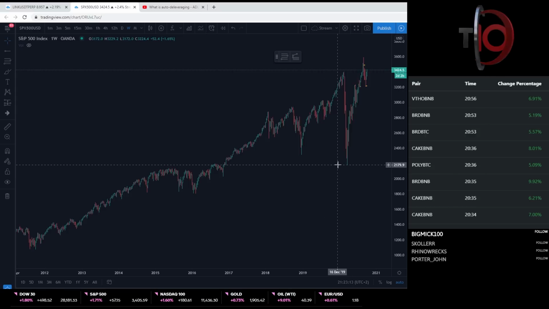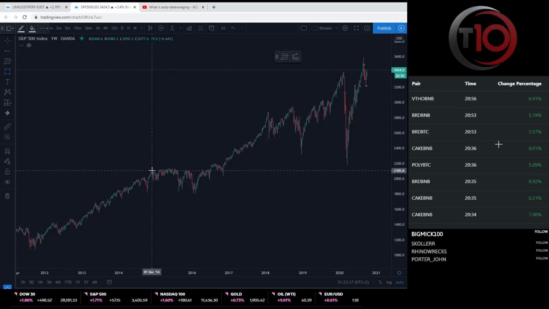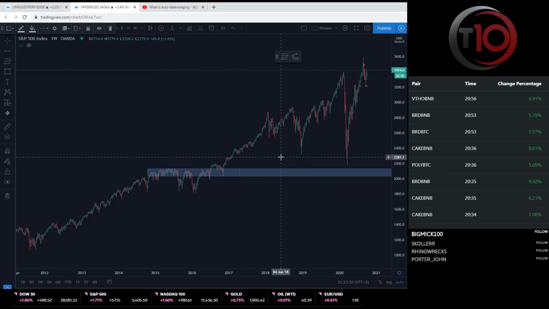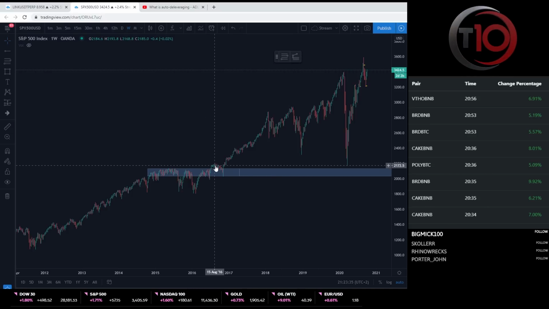I didn't take this because I was scared like everyone else, but mostly because I was looking at this zone. I was waiting for this area, but it bounced this area. There's top of the retest, so. But yeah, shit happens. I got a lot of stocks at least.